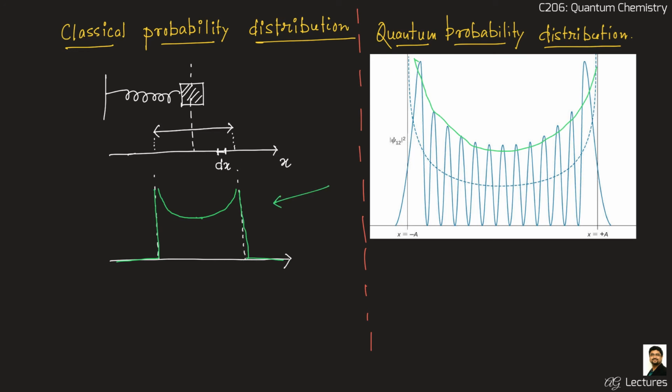So as we increase n from 0 all the way to 12, it has started mimicking the classical particle. And if we really go to n tending to infinity, we can directly come back to the classical distribution. So that is Niels Bohr's correspondence principle. It should be the case, and it is the case for the simple harmonic oscillator.